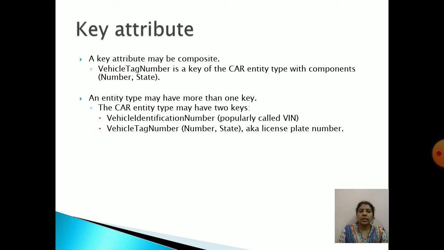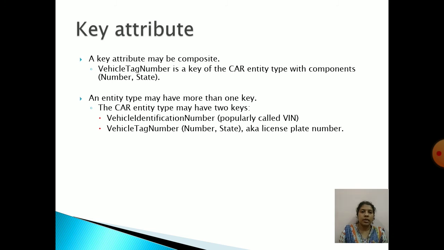Then an entity type may have more than one key. In any entity, there may be a possibility that you have two different attributes which have unique values for each entity in the entity set. For example, here, vehicle identification number and vehicle tag number. Both have unique values for each car.